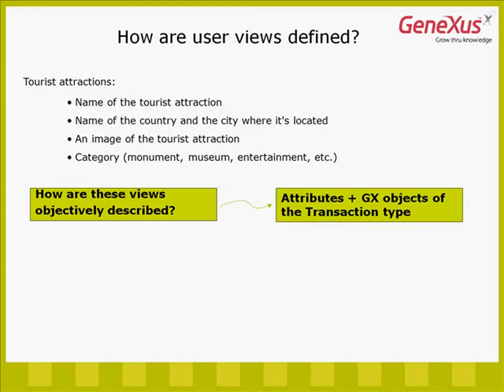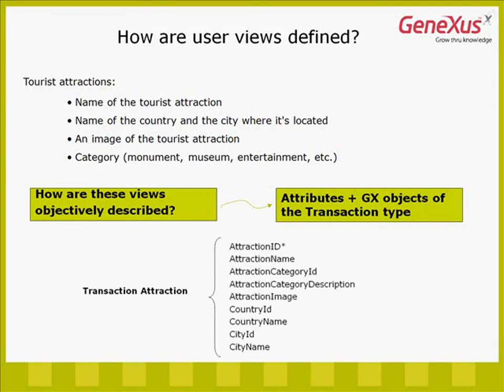Which attributes will appear in this transaction that correspond to tourist attractions? Well, we'll have the attraction ID, the identifier, the attraction name, its category, for example, if it's a monument or a recreational attraction or a museum.